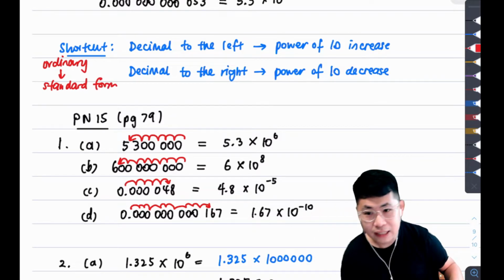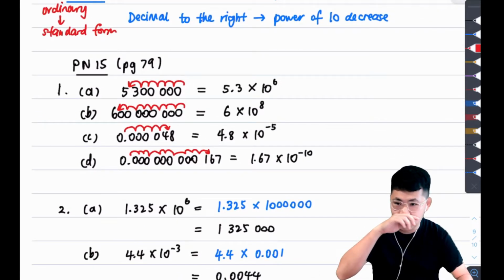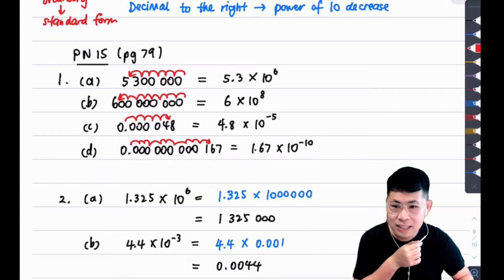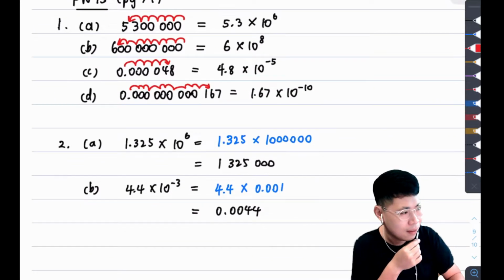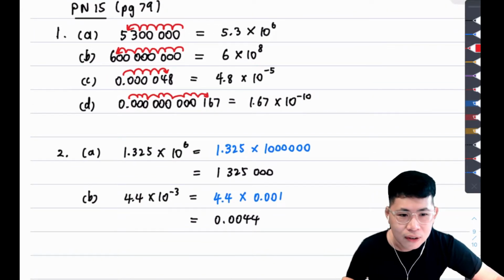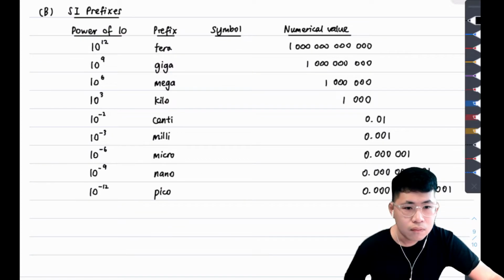Because if you can see in question 2, if you were to move left and right, it doesn't work. It's actually the reverse. So this is for practice now 15.